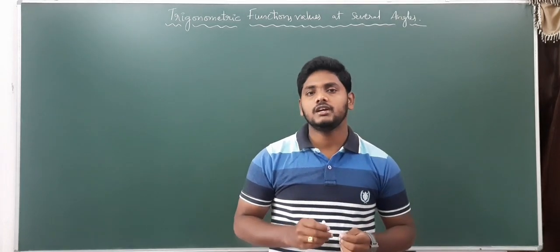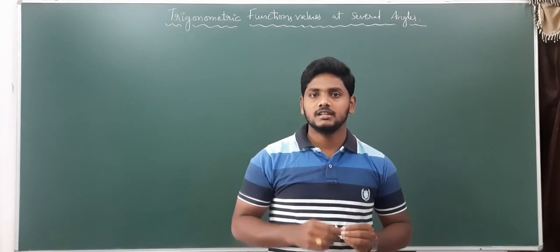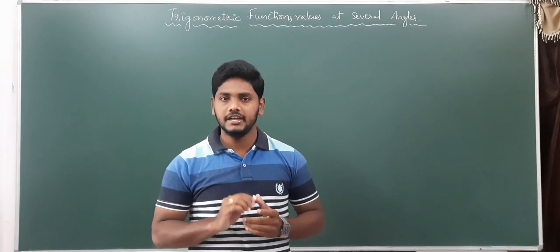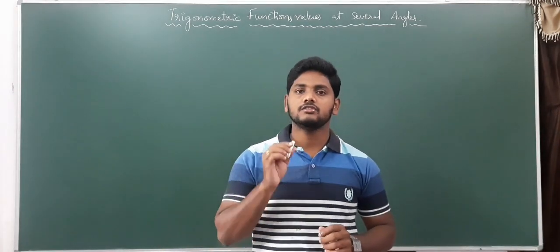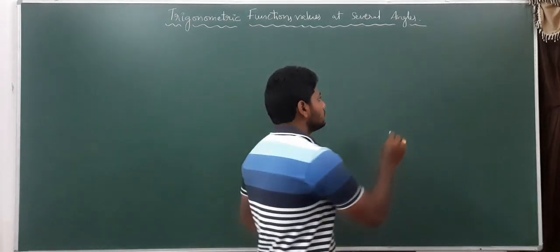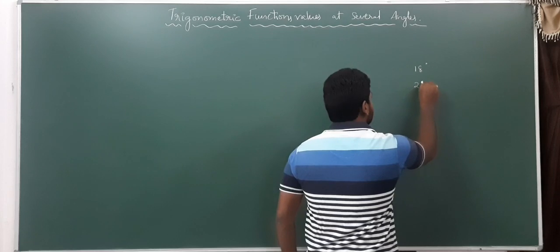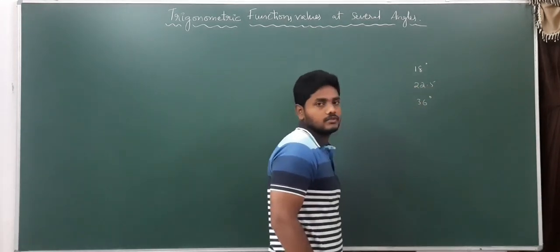So in this session, what we are going to learn and what you need to remember further are the values of all trigonometric functions at 18 degrees, 22.5 degrees, and 36 degrees.